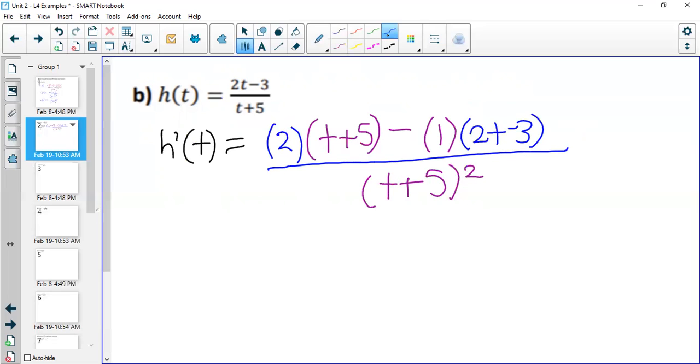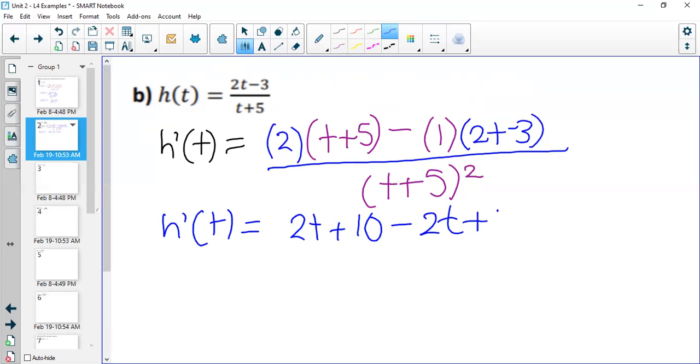And all of that is going to be over the bottom function squared, so t plus 5 squared. So I have h prime of t is equal to 2t plus 10 minus 2t plus 3, so negative 2t plus 3, all over t plus 5 squared.